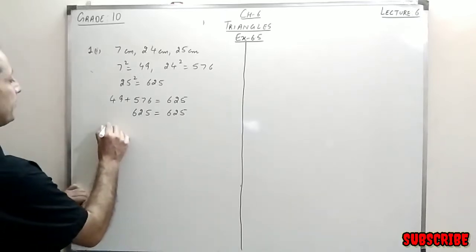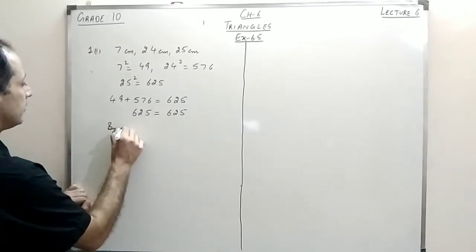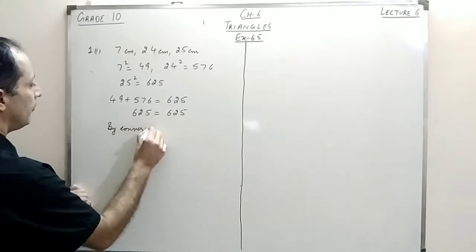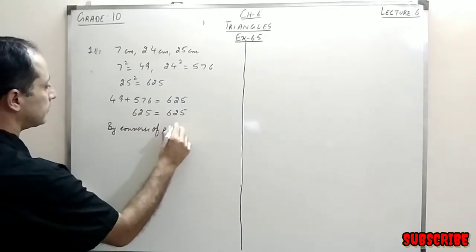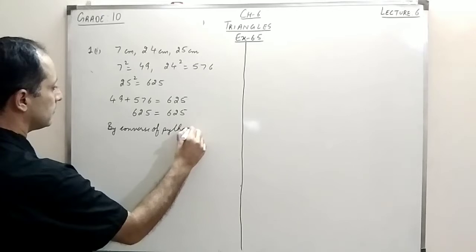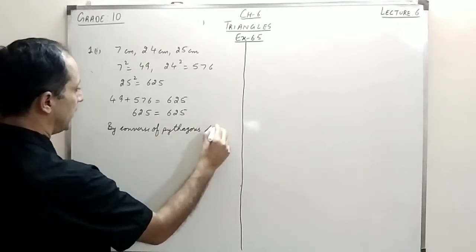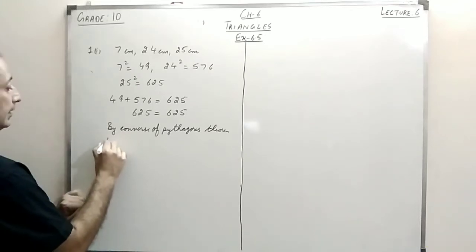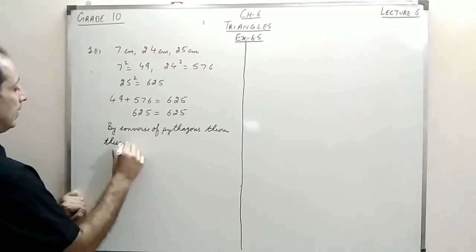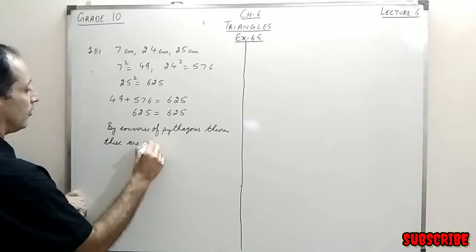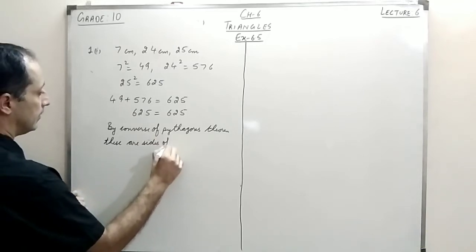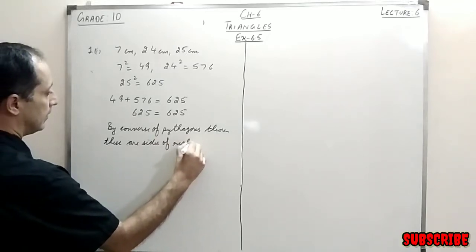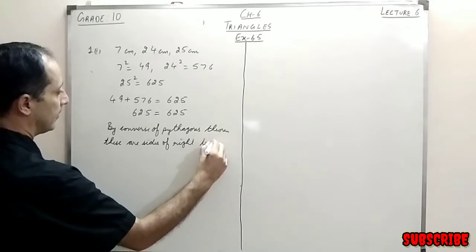So we can say by converse of Pythagoras theorem, these are sides of a right triangle.